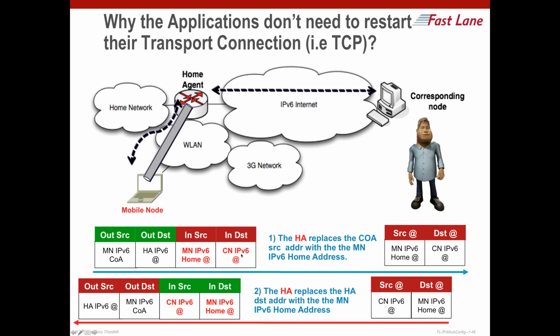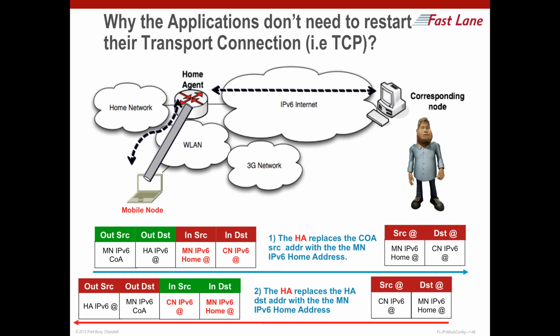When the corresponding node is sending the packet back, again, at this level, the corresponding node has no knowledge that the mobile node has moved, and the corresponding node needs absolutely no piece of software to support mobile IPv6 at this level. So it is sending a packet to the mobile node IPv6 address.